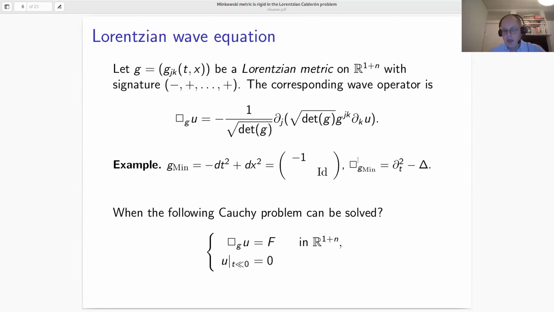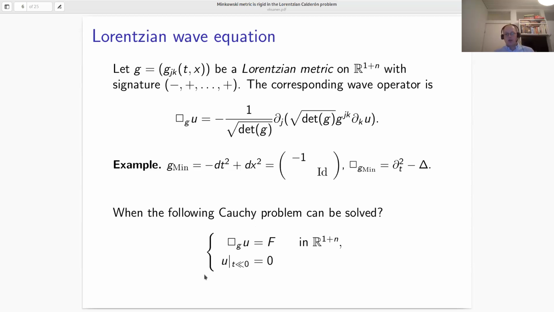Then the wave operator is just the usual, classical wave operator with constant coefficients. But in general, of course, for this wave operator, the Cauchy problem is not always well defined. If you have some more complicated Lorentzian metric, this Cauchy problem might not be solvable.